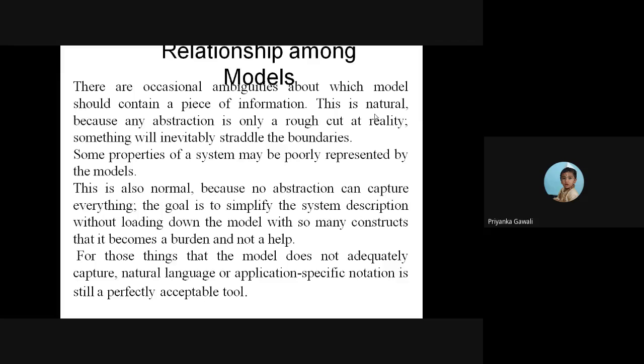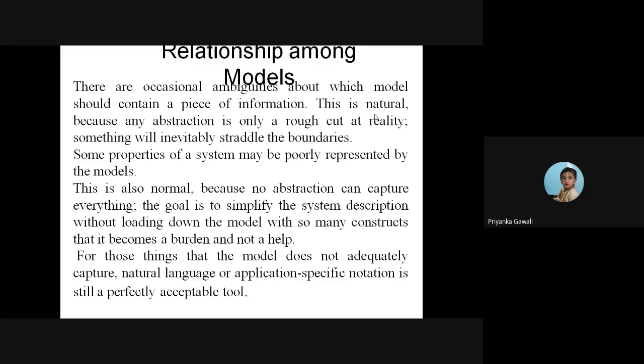So there are occasional ambiguities about which model should contain a piece of information. While doing any project, there are so many models you have decided on, so which model is the most important? So there is ambiguity among these two, three models. This is natural because any abstraction is only a rough cut at reality.